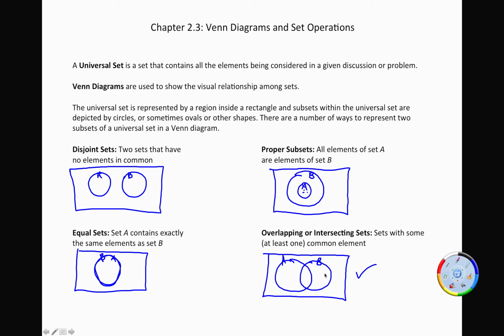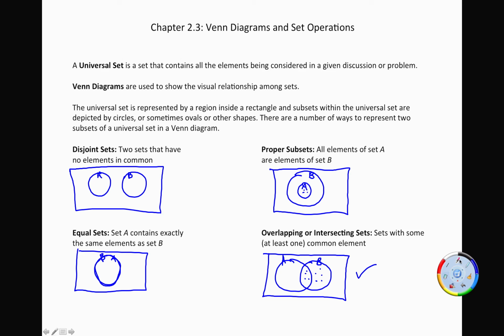Think about if we were trying to depict disjoint sets. Then if my sets had nothing in common, this overlapping space would just be empty. So this depicts disjoint sets. Also, if I wanted to depict proper subsets, meaning every element in A is also in B, well then I could just make sure all my elements in A are in this region.